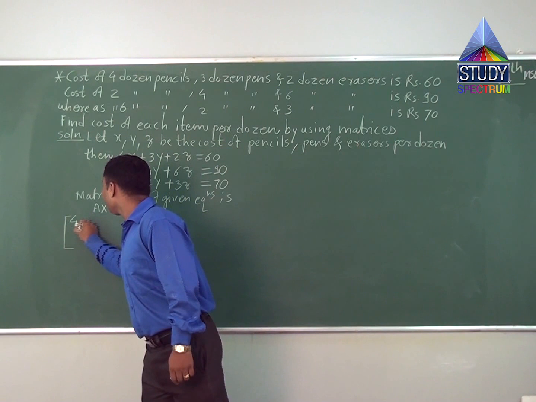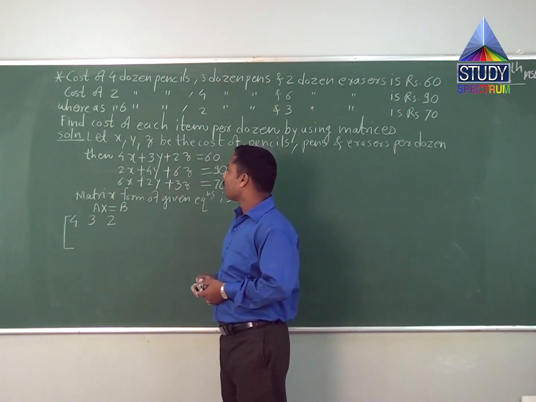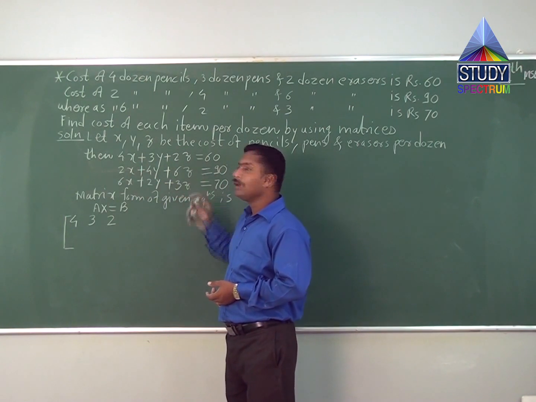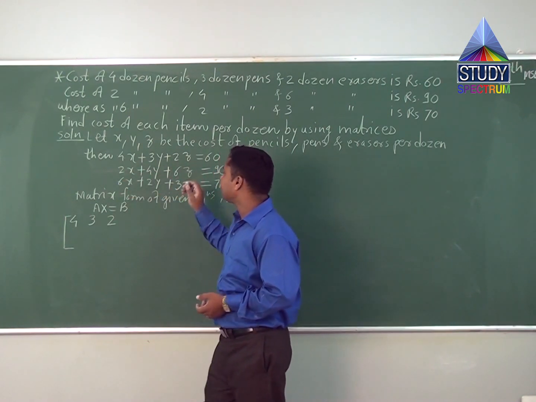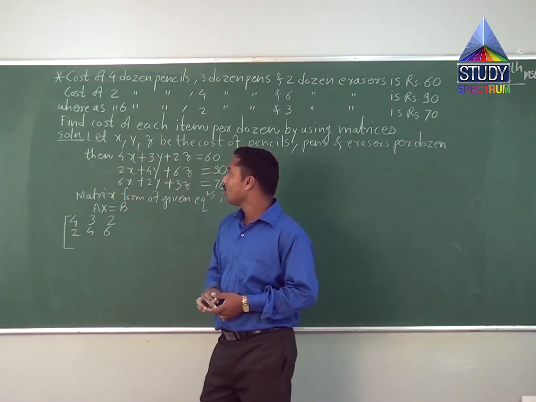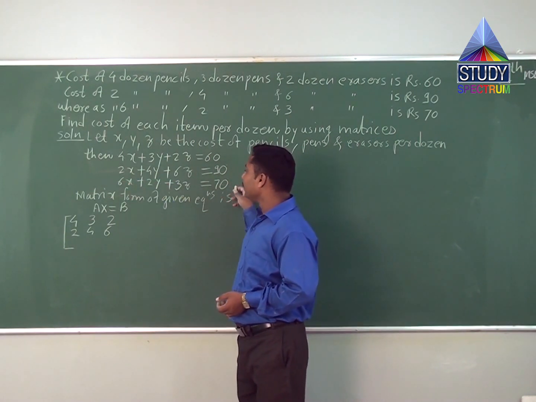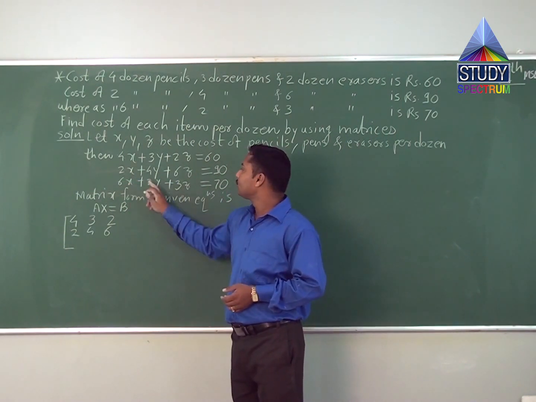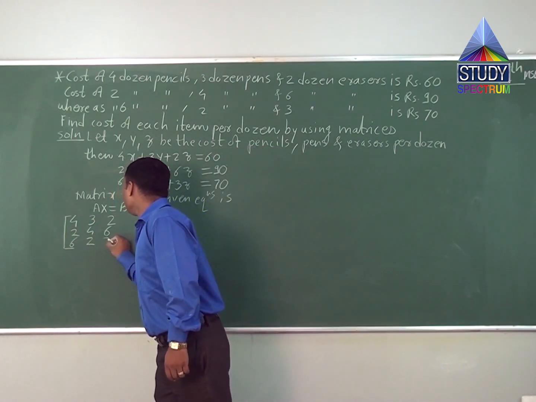In the second equation? 2, 4, 6. In the last equation? 6, 2, 3.